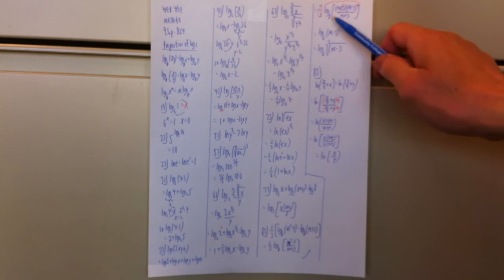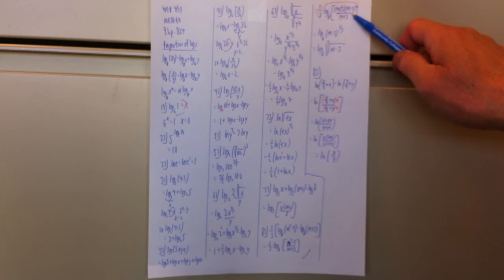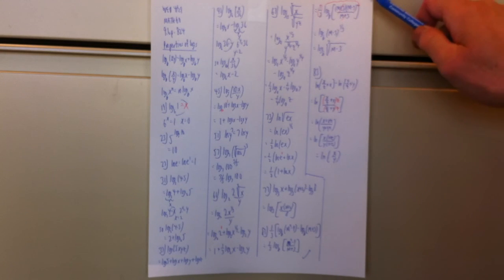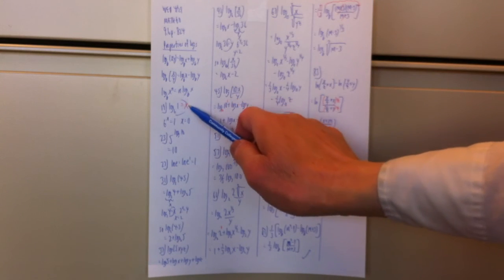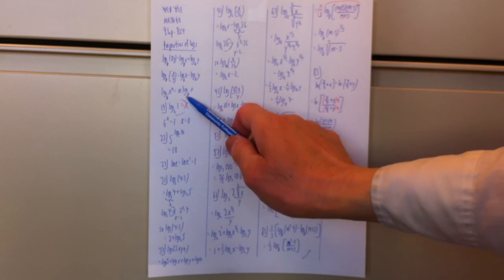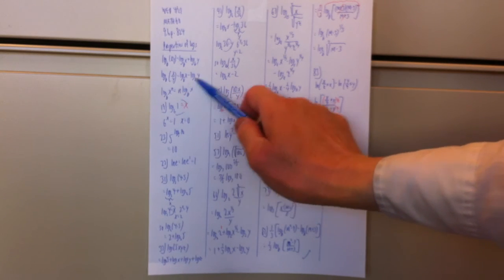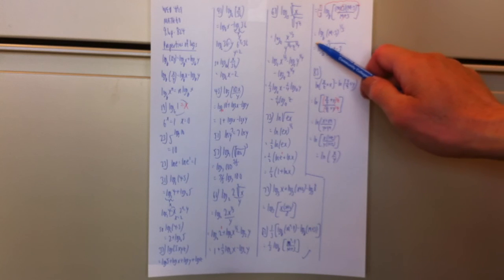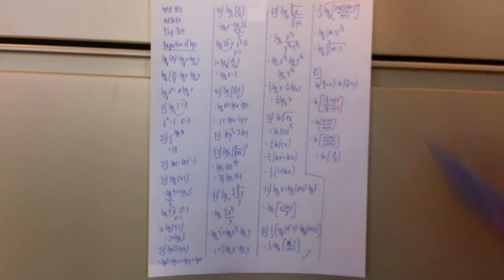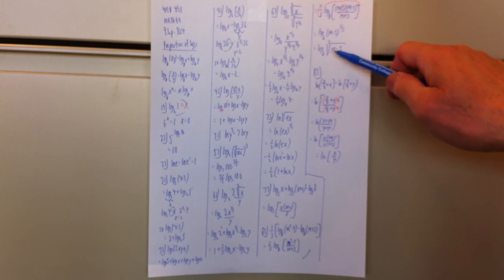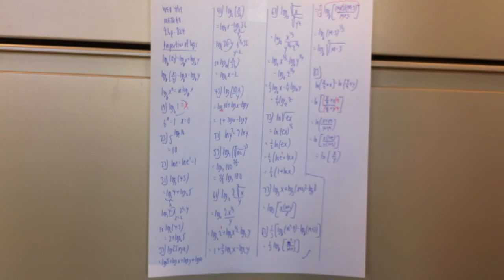Okay, so I have log base b of now m minus 3, but I can take that 1/3 and sneak it back up. So I'm using this property in reverse. Right, so we're going from right to left, as it were. The coefficient can sneak up there as an exponent. So now I have log base b of m minus 3 to the 1/3 power. And we know if we raise something to the 1/3 power, it means cube root. So log base b of cube root of m minus 3.